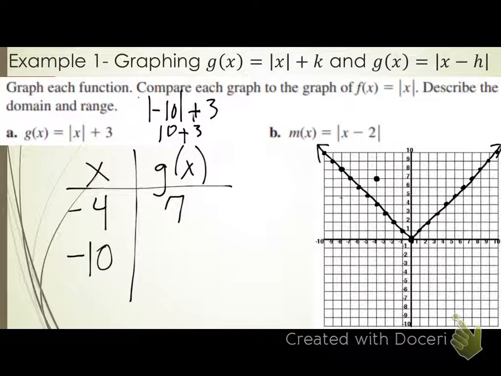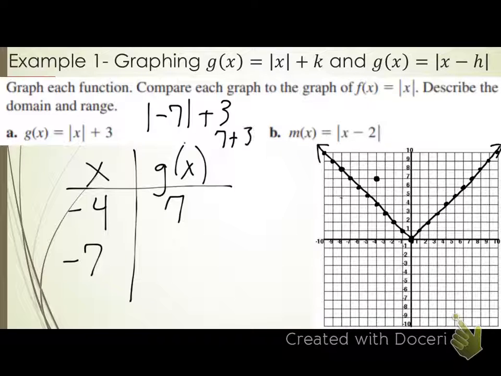It's on my graph, but on this graph specifically, no, it's not. So let's pick another point to plug in, one that's on my graph. Negative 7. You are not picking the values I thought you would pick, but that's okay. What's the absolute value of negative 7? 7. What's 7 plus 3? 10. So I can go left 7, up 10. Everyone good with that?